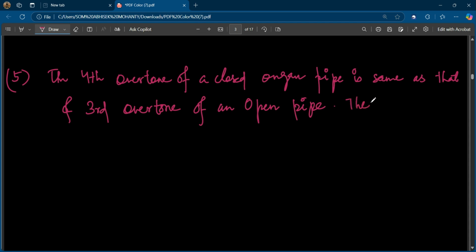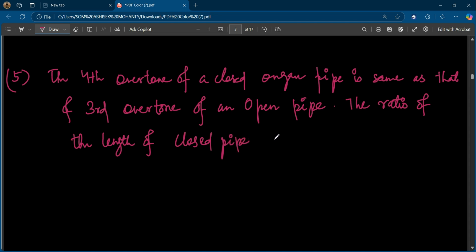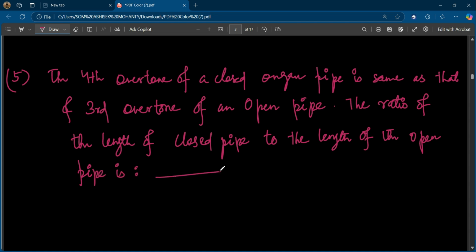The ratio of the length of the closed pipe to the length of the open pipe is... This came in NEET 2023.